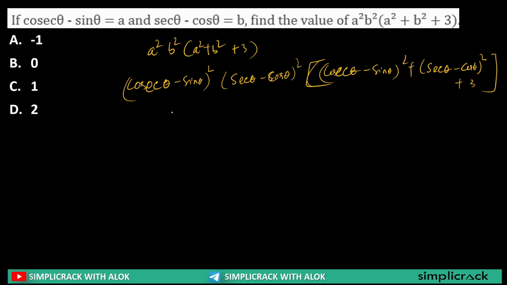And this whole question can be written as, cosec theta is equal to 1 by sin theta, so it can be written as (1 minus sin square theta) by sin square theta.